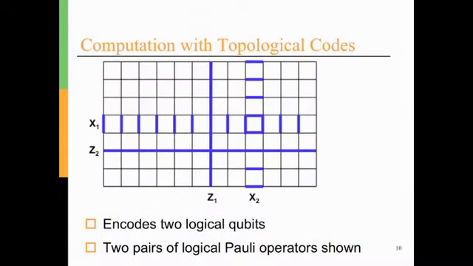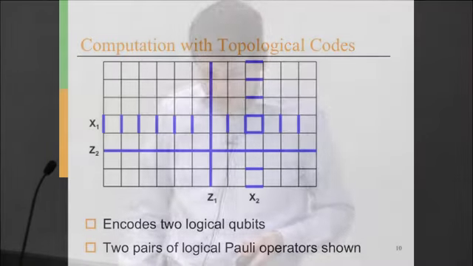In addition to locality, another advantage of the topological codes is the way they perform computation. Computation can be done by braiding. Controlled NOT operations can be done by braiding. So how does this work exactly? Well, the Pauli operators, logical X and logical Z, are strings in the lattice.